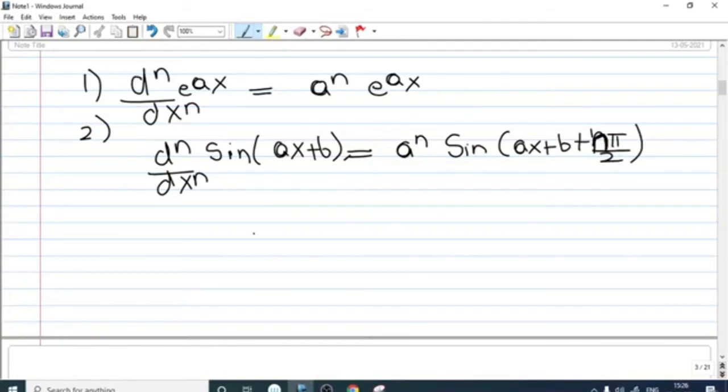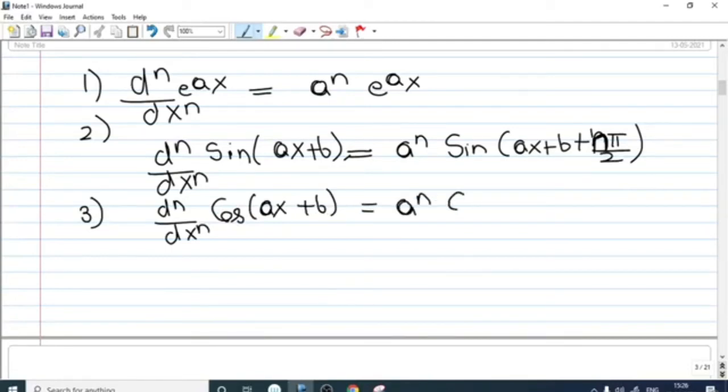These are the two formulas. Now let's see the third one: d power n by dx power n of cos ax plus b. Its formula will be, similarly, a power n cos ax plus b plus n pi by 2.